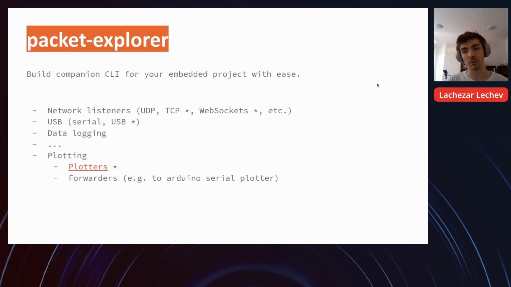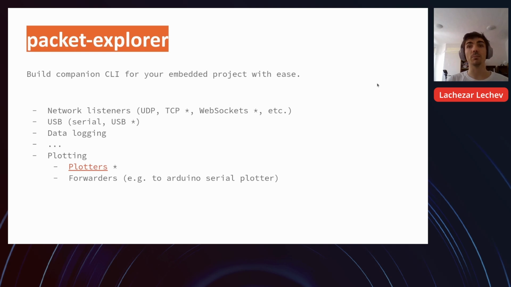And this Packet Explorer is meant to be a crate that you can use to build your CLI for your embedded project and make it easy. Because oftentimes, when we're talking about network listeners, you have UDP currently implemented, but you have other layers, you have other protocols as well, and these are things that I want to add.